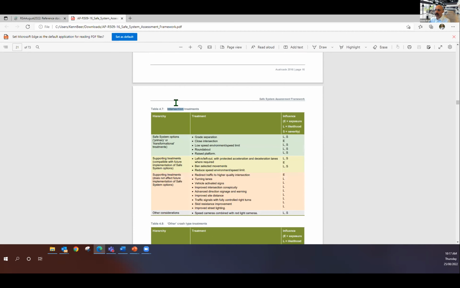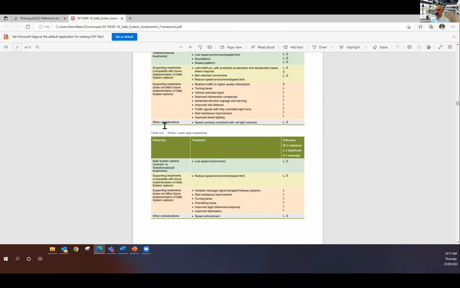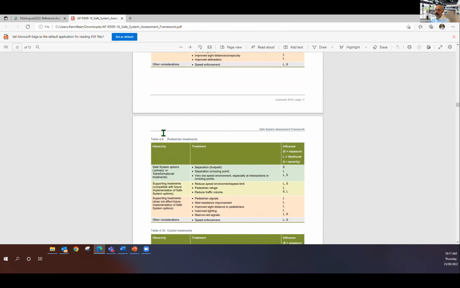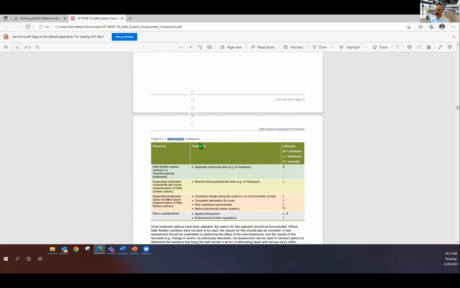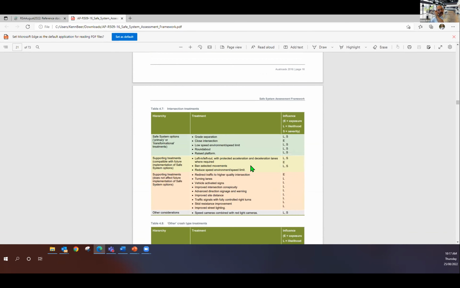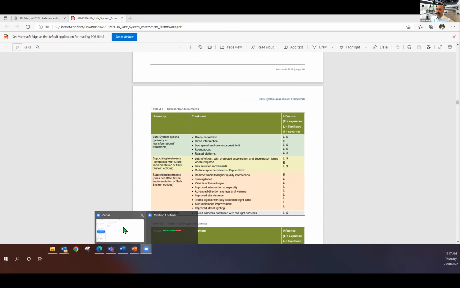There's a table for intersection crashes, other crashes, pedestrians, cyclists, and motorcyclists. So you can see they've categorized quite a few things to provide you some assistance. So hopefully that will help you out a little bit in working out what is primary and what is supporting.